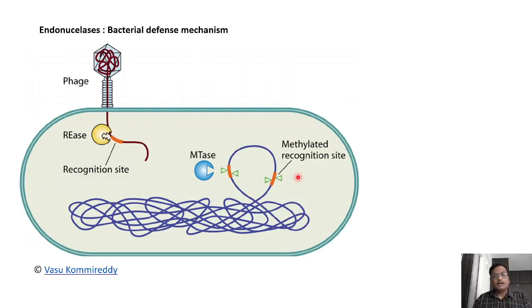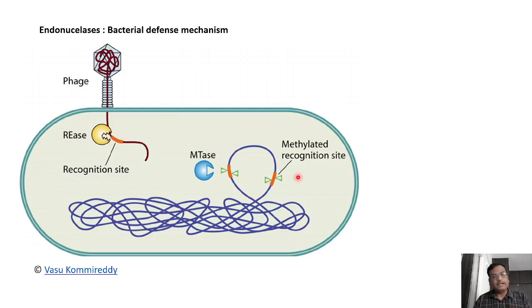What are endonucleases? What are restriction enzymes? Of course, these are the enzymes which are utilized in genetic engineering. Now the question is, why are they present in bacterial cytoplasm? Let us try to understand it. In higher organisms like humans, we have something called the immune system.